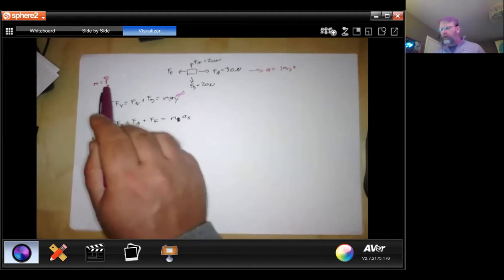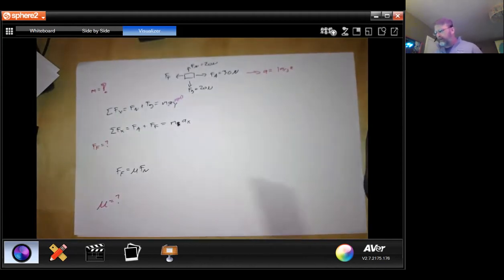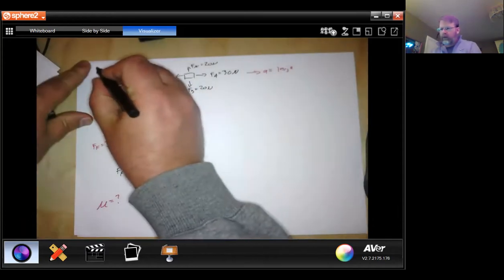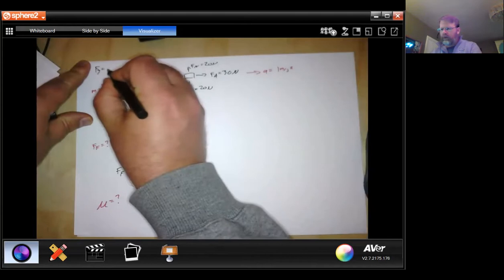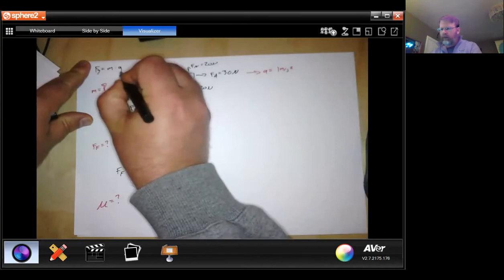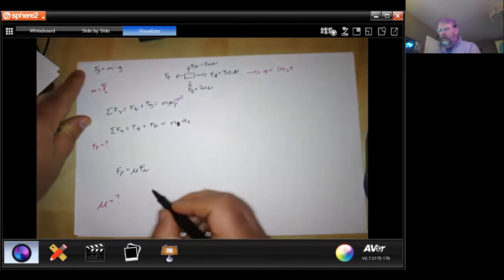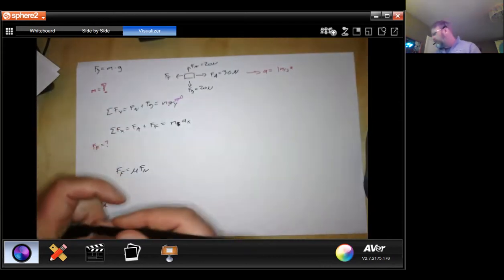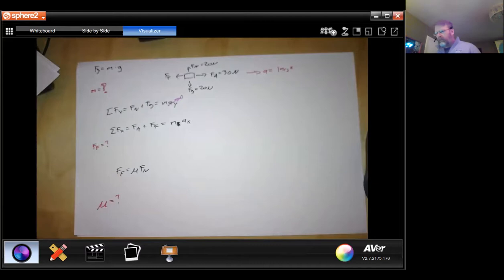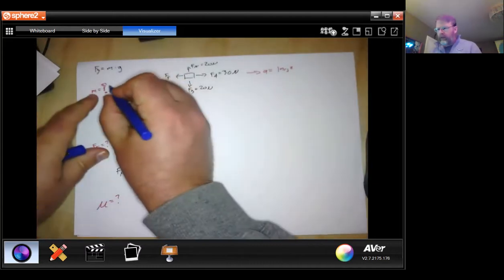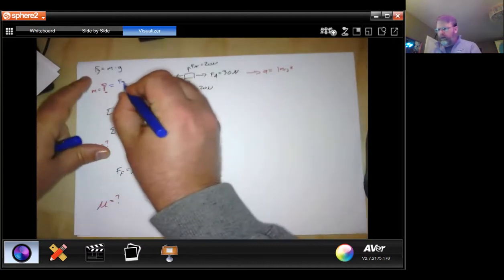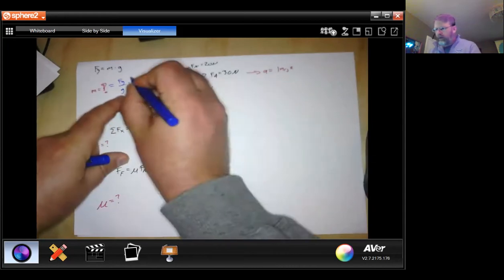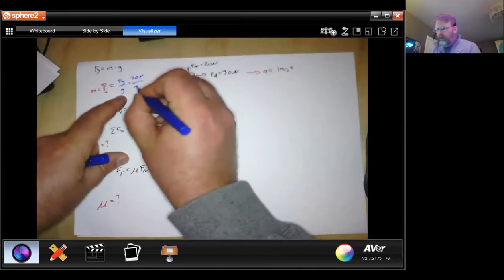So let's start way up here. How do we find mass? Well, there's a nice equation that we already know, and that is force of gravity equals mass times acceleration due to gravity. So that will be our first step. Now mass is going to be equal to the force of gravity divided by acceleration due to gravity, 20 newtons over 9.8.